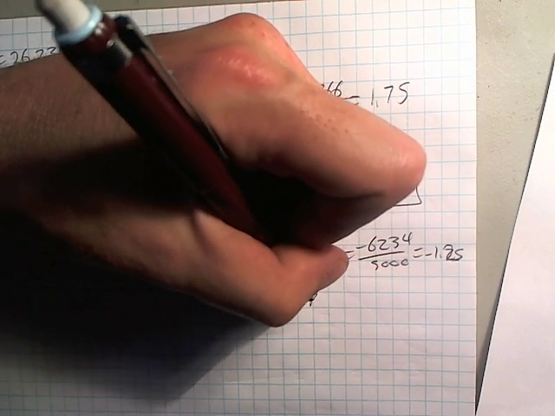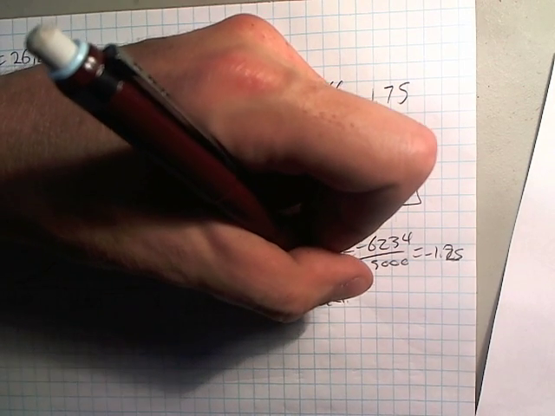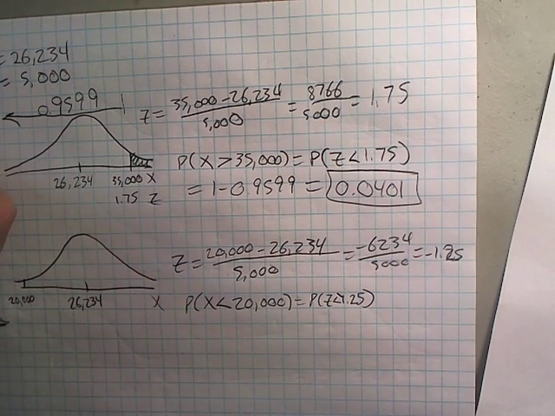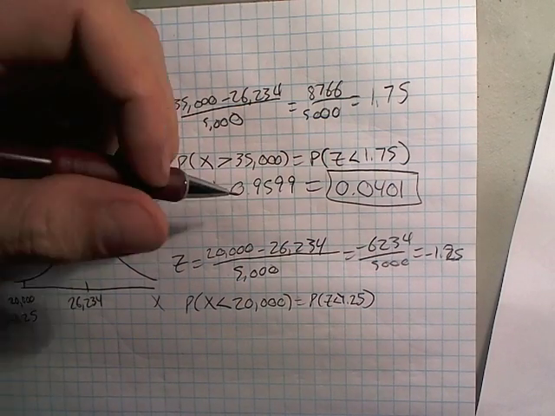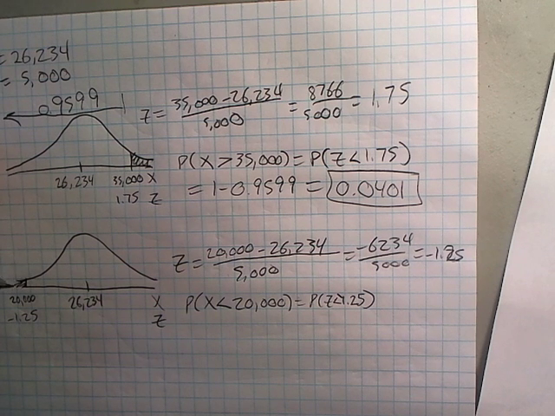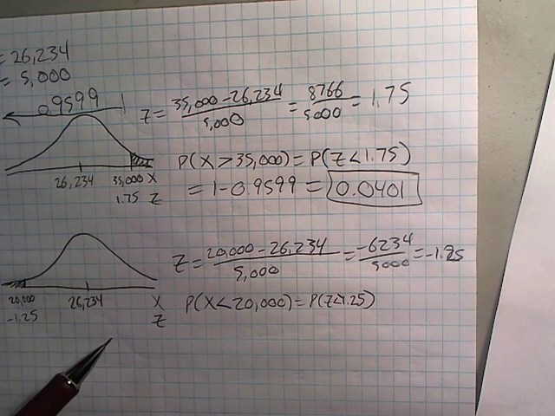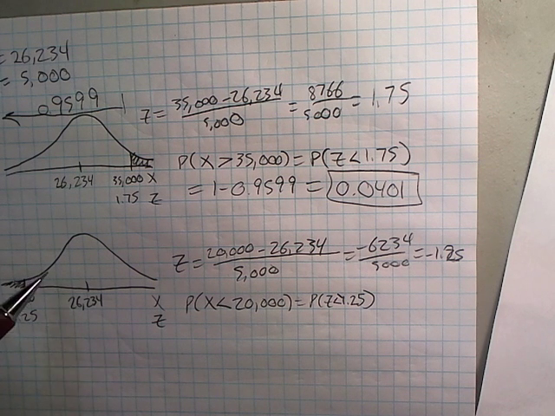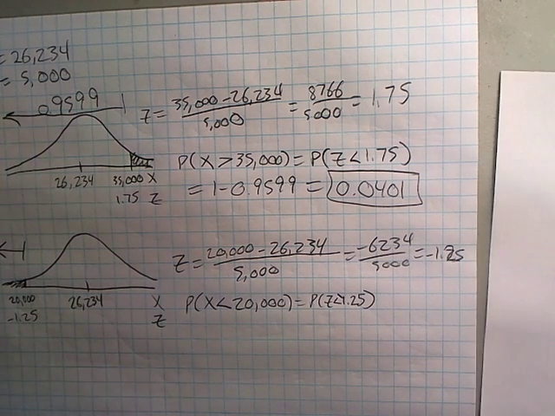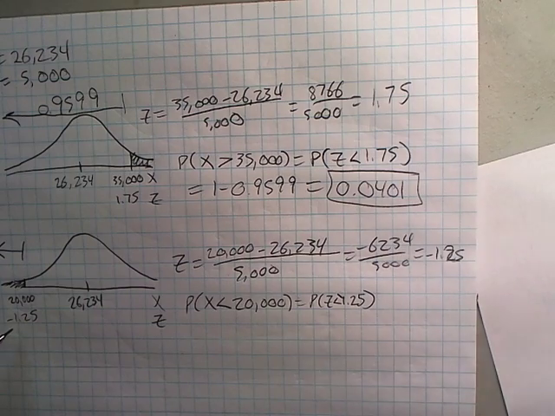So I can write that negative 1.25 here. This z value is negative 1.25, and the area to the left of that is our area of interest. I realize now that I didn't draw this very well; this would be closer to here if it were drawn to scale. That's no problem, however, so let's just figure out the area to the left of z equals negative 1.25.